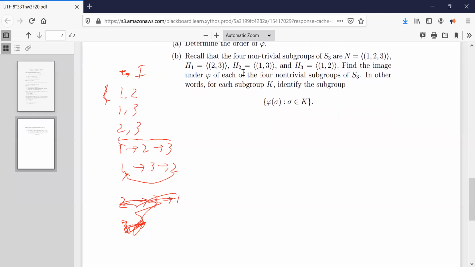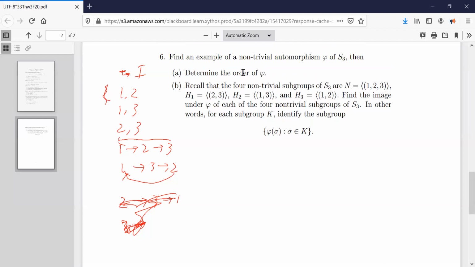So recall that for the non-trivial subgroups of S3, H is equal to 2, 3, and so on. Find the image under phi of each of these non-trivial subgroups.